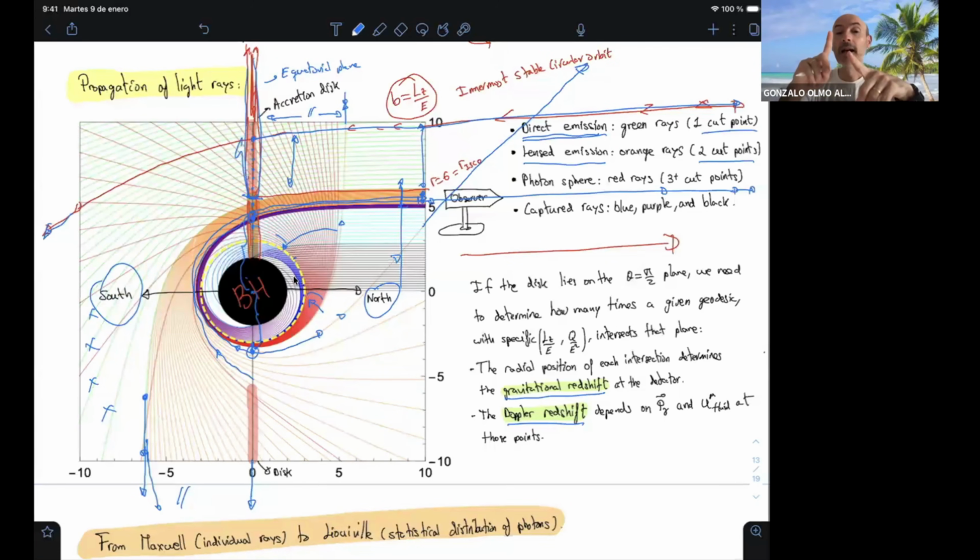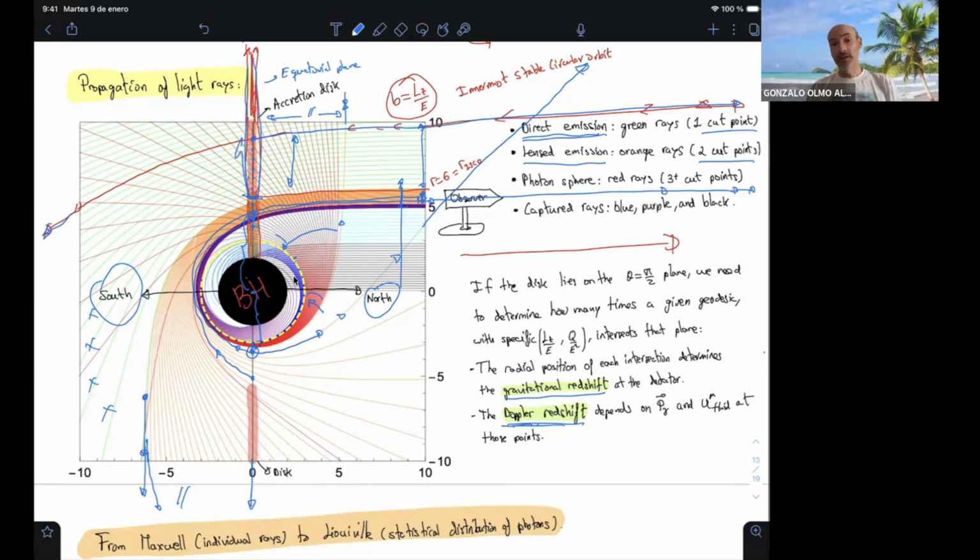And this means that besides knowing the position at which the photon hits the equatorial plane, we also need to save in our array of data the four-momentum of the photon, because that information will be crucial to compute the Doppler effect.